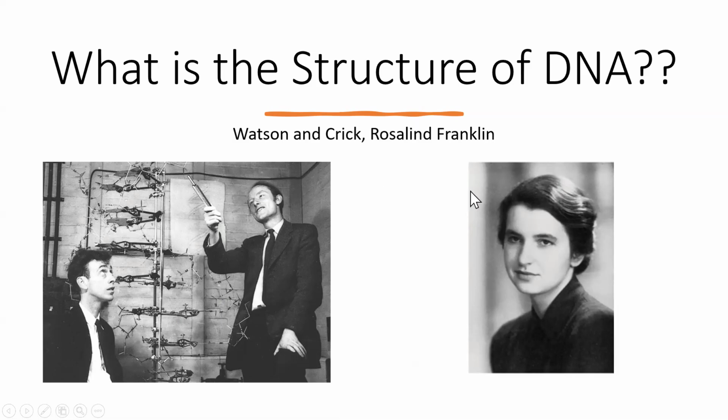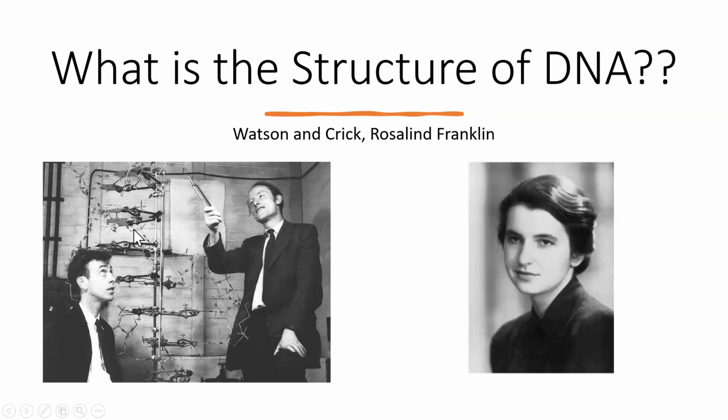There was Rosalind Franklin, who used X-ray to study the structure of DNA, and she was credited as the first person to figure out that DNA is a double helix. You know DNA is twisted, like a ladder. But then she died of cancer before she could finish her work because she was working with X-ray a lot, and the protective measures were not particularly in place back then, I suppose.